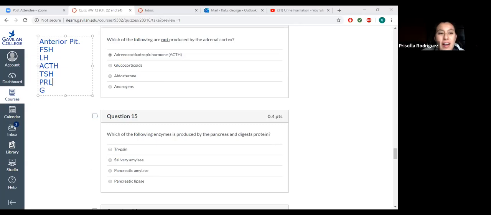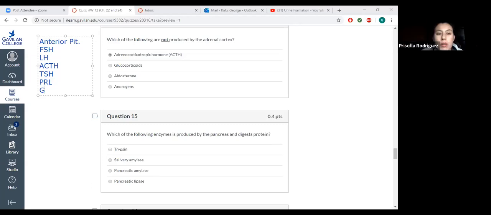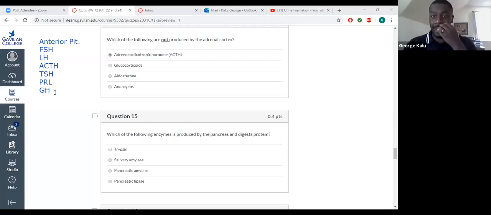That's prolactin, correct. And then the last one, our G, is growth hormone, GH. Perfect. So remember, make sure you guys are comfortable with the anterior pituitary hormones and the posterior pituitary hormones. Cool. So that's that.